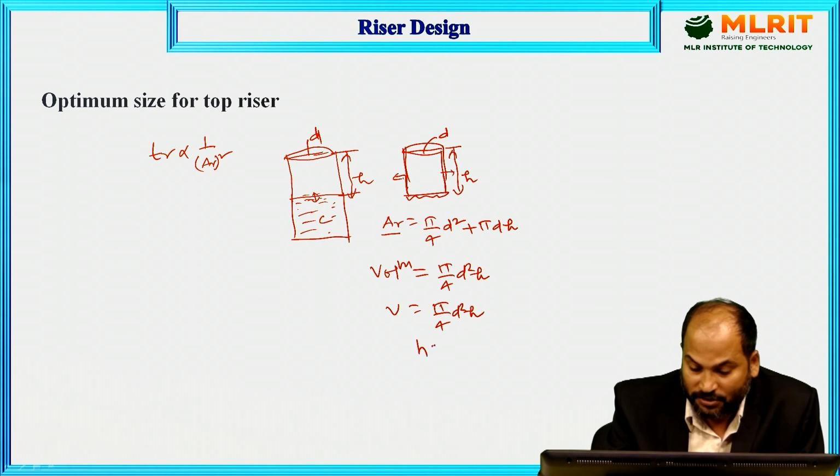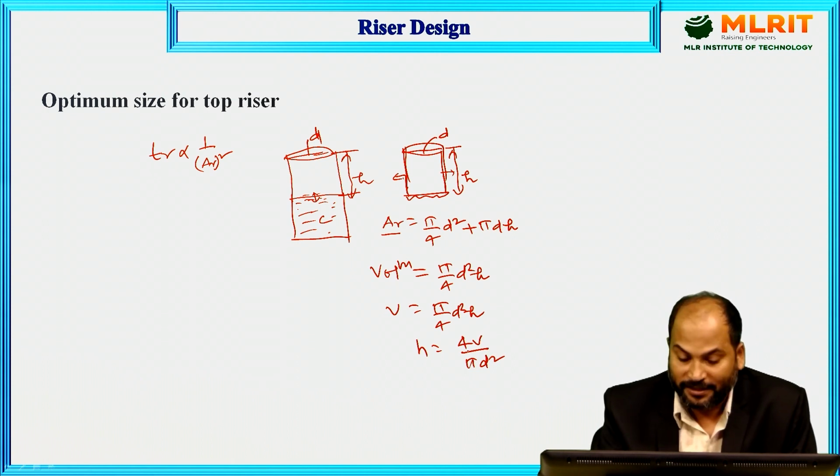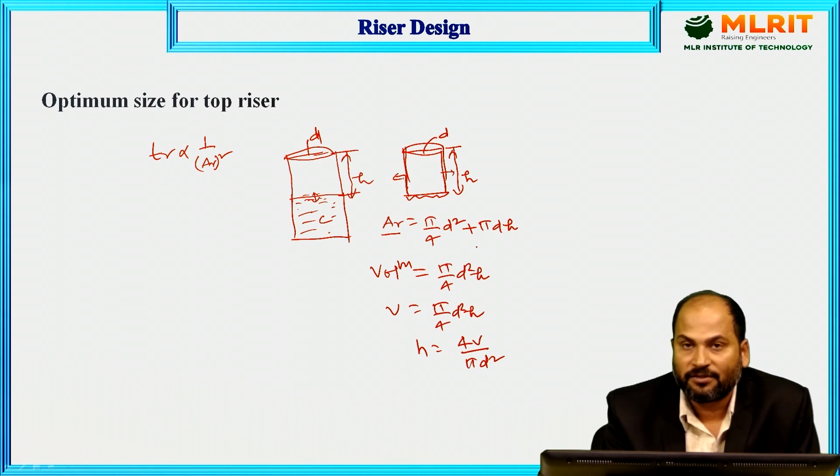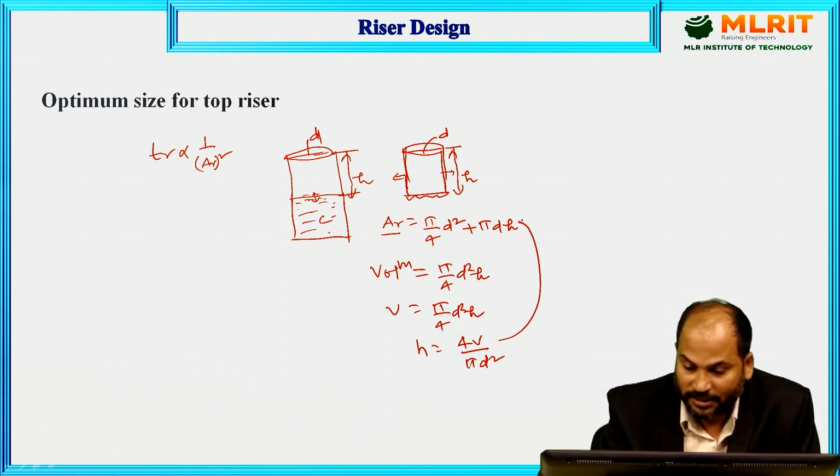So h is equal to 4V upon pi d square. Now as V is constant, if we replace h with this expression, the whole expression will be a function of diameter only. So we will put this h value in this one.